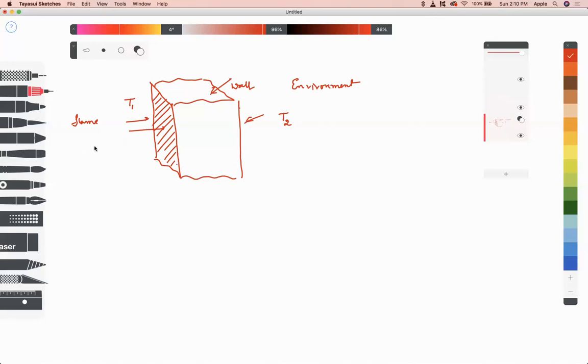Since the furnace flame is on this side, definitely T1 will be greater than T2. Let's say the length of this furnace wall is L, and the area of this furnace wall is A.